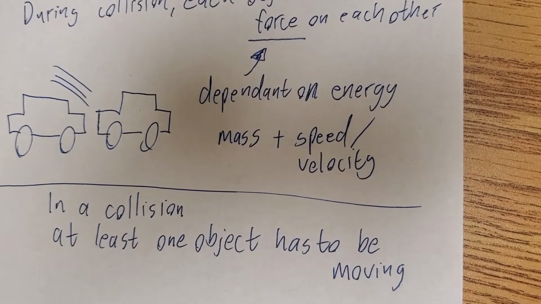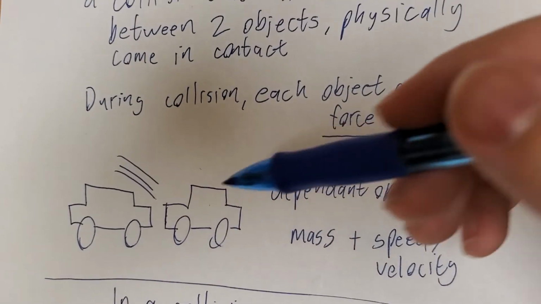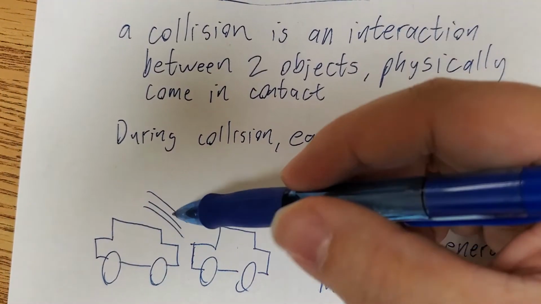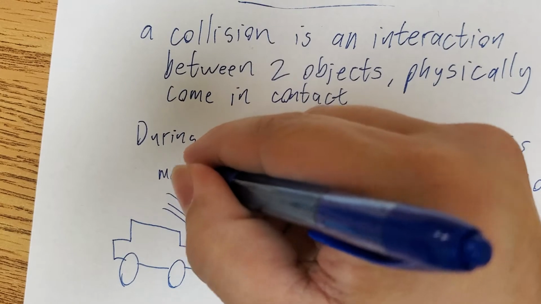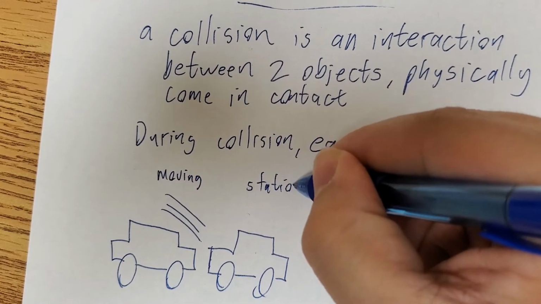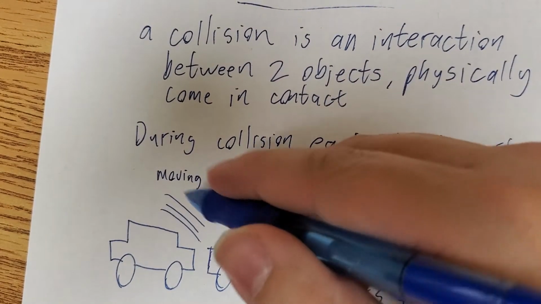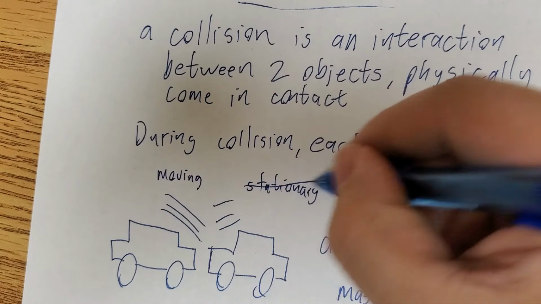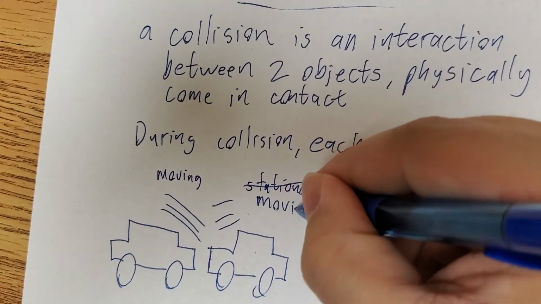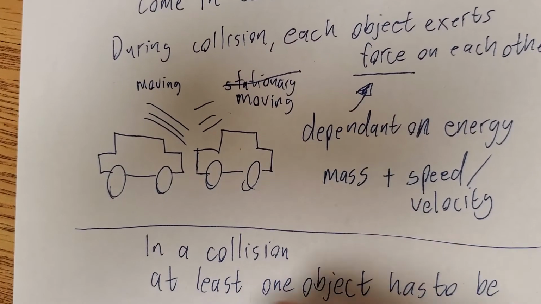You can't really have a collision if the two things are standing still. So you can have two different types of collisions in this case. One where one is moving and the other is stationary. And then the other one where this one is moving and this one is moving. So there's two types.